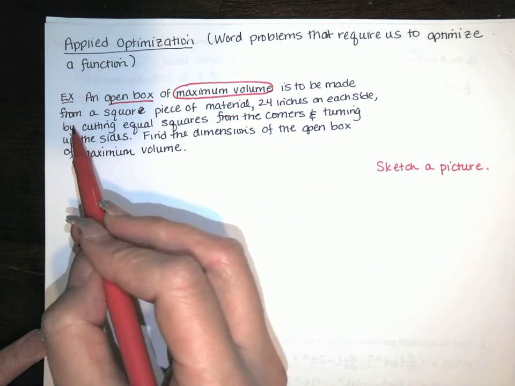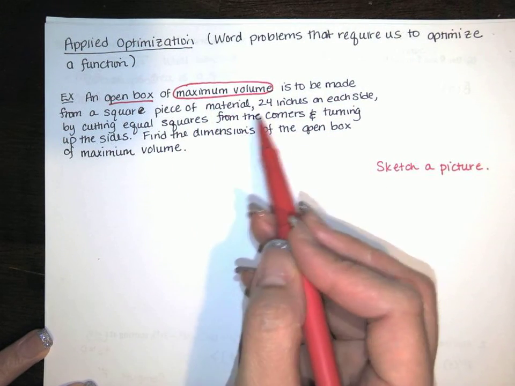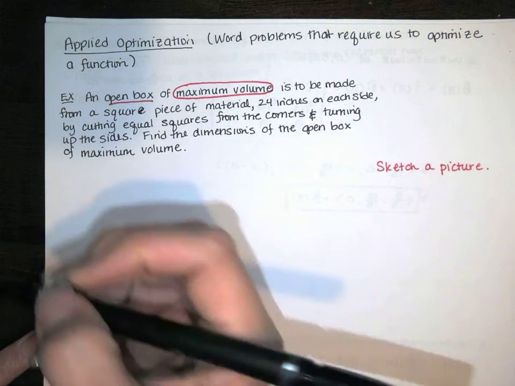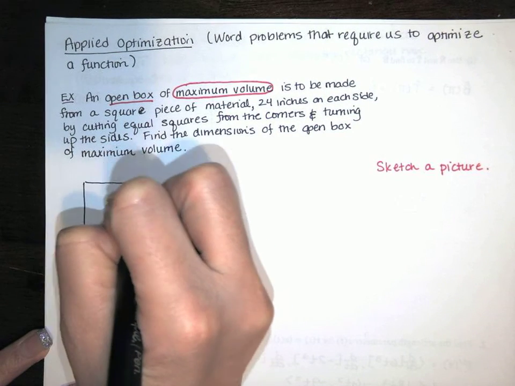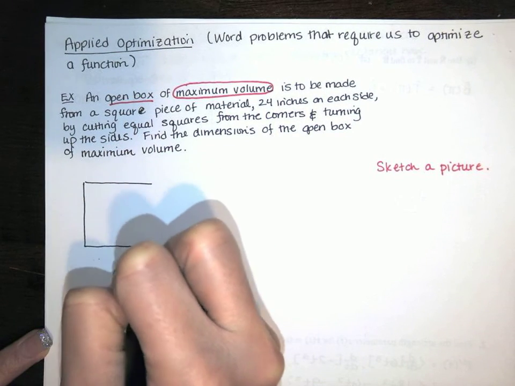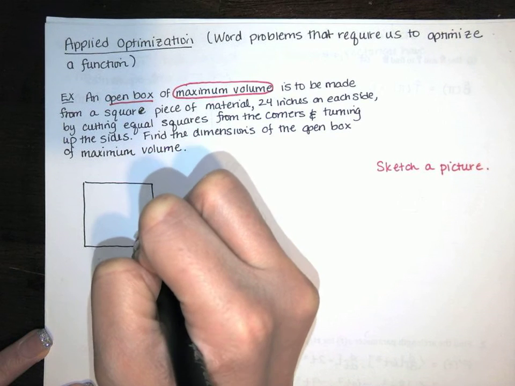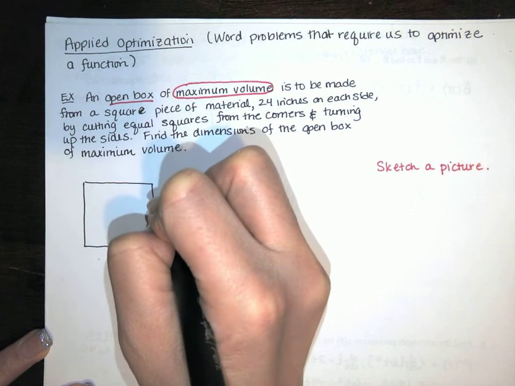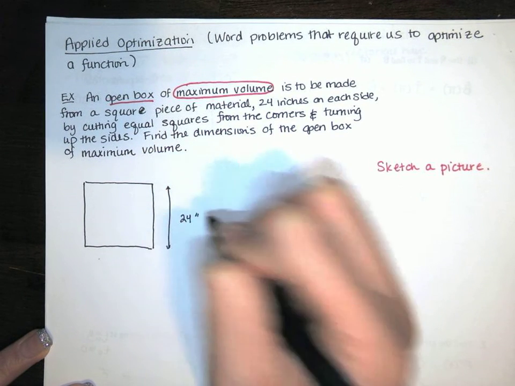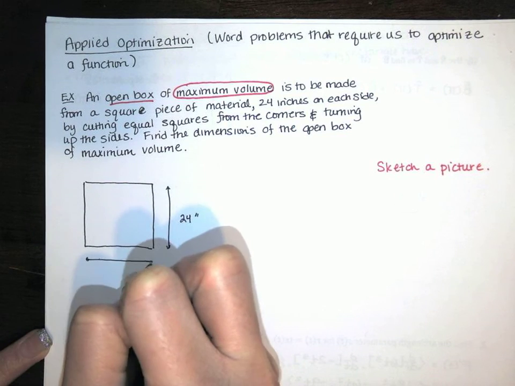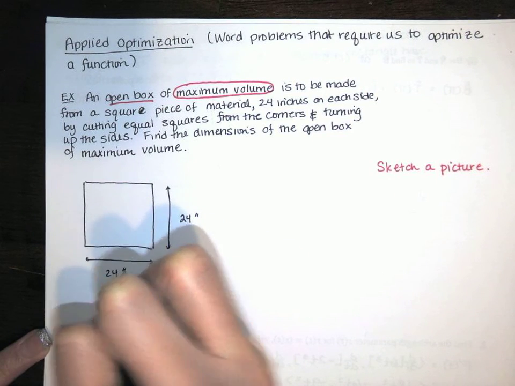And it's to be made from a square piece of material, 24 inches on each side. So we start with a square. And we're told that this dimension is 24 inches and this dimension is 24 inches.